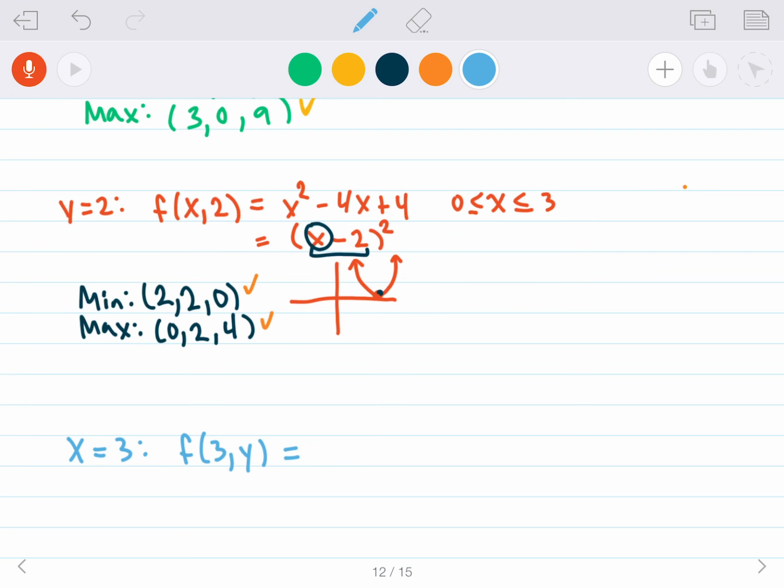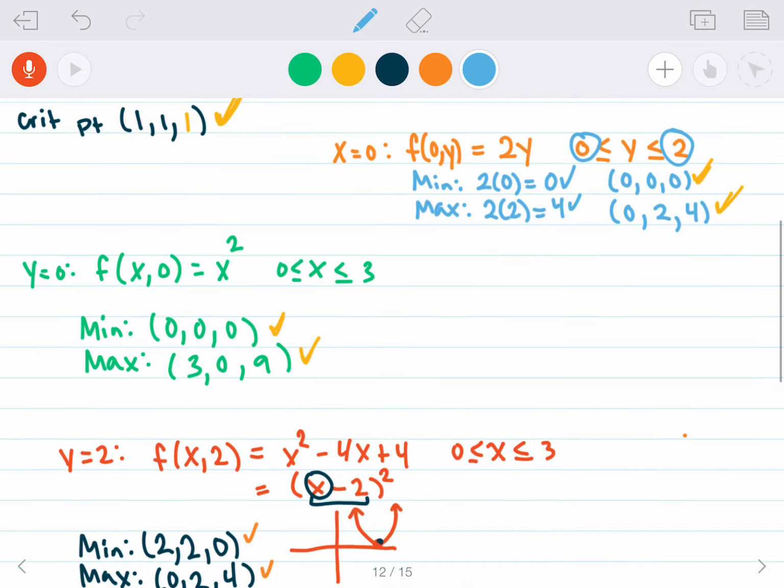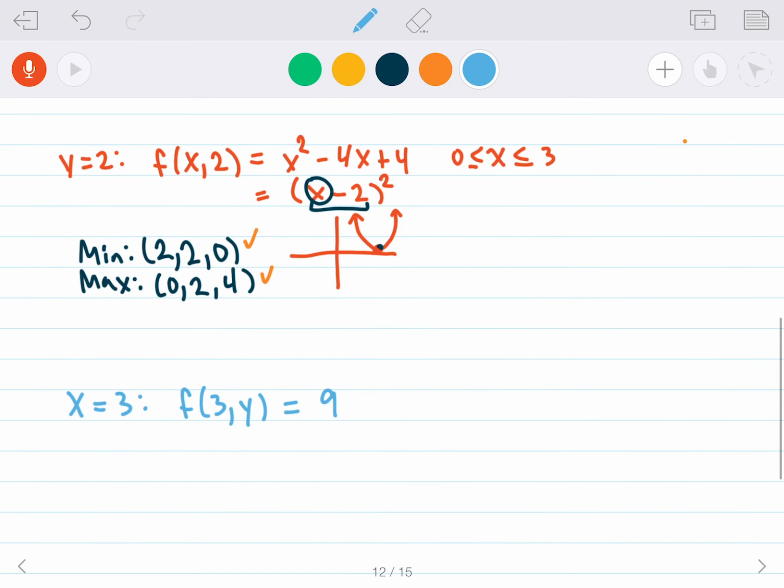If I plug in 3 for x into my function up here, I should get 9 minus 4y, and y is going to vary between 0 and 2.